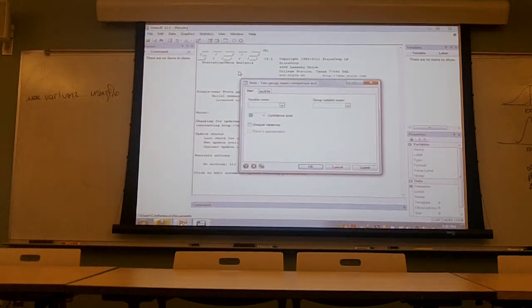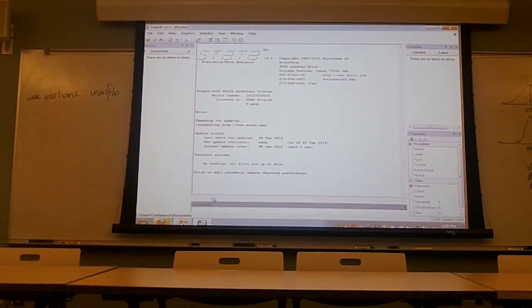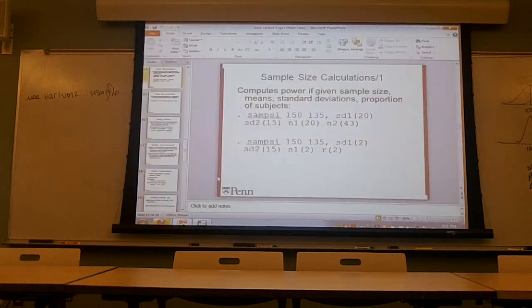Okay, so it's going to break now, correct? Computer's not cooperating here. Here we go. All right. Let's use the commands.